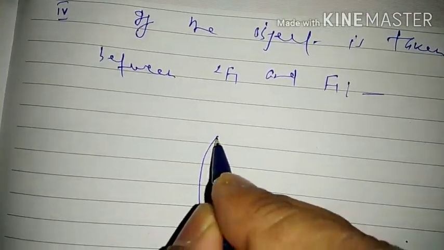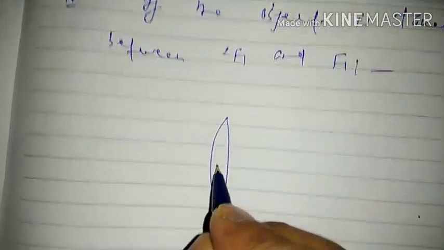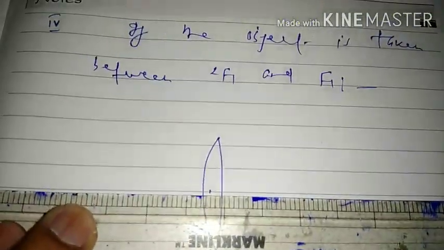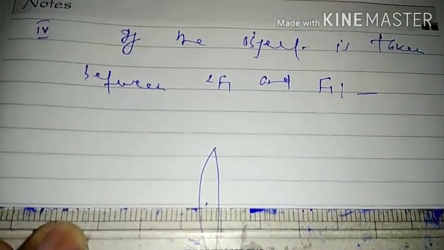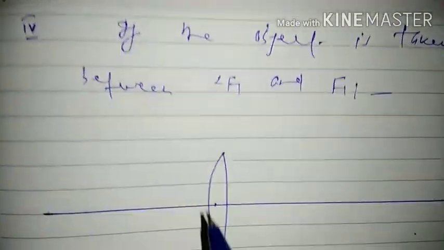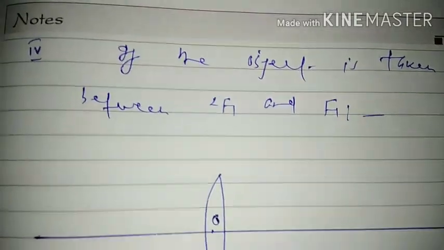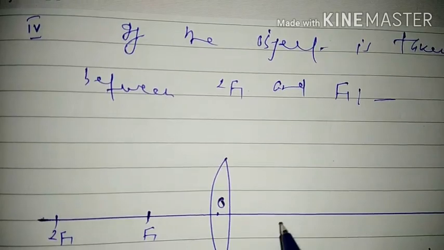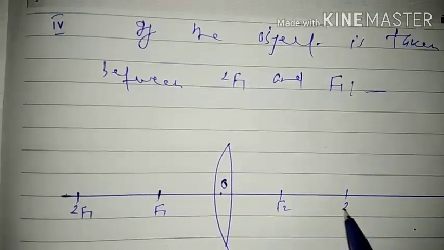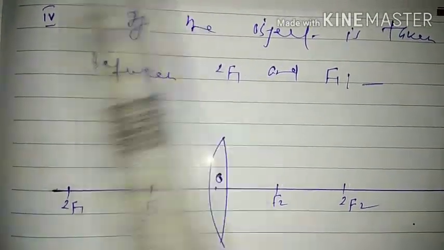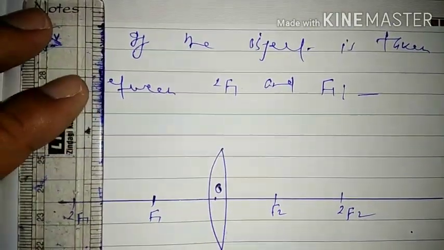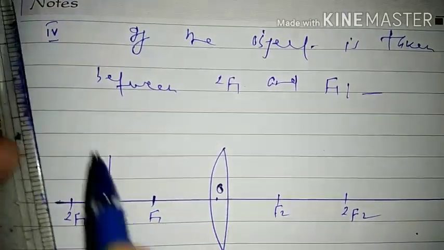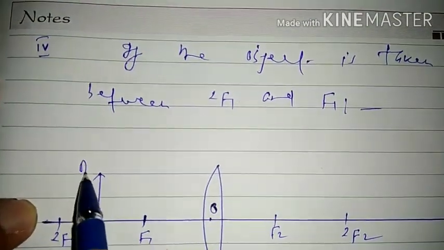Suppose this is our convex lens. This is optical center. This is principal axis. This is f1 to f1, f2 to f2. If the object is taken between f1 and 2f1, now see what is the situation. Suppose this is our object AB.